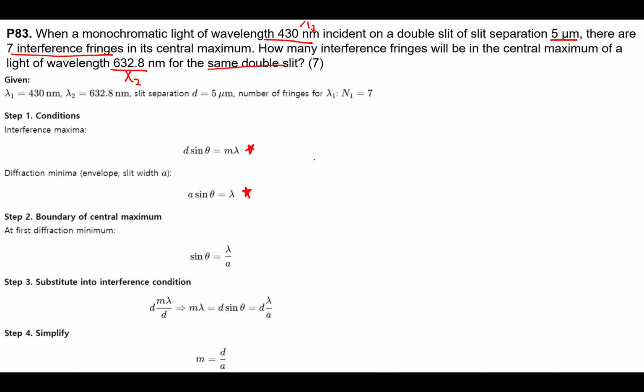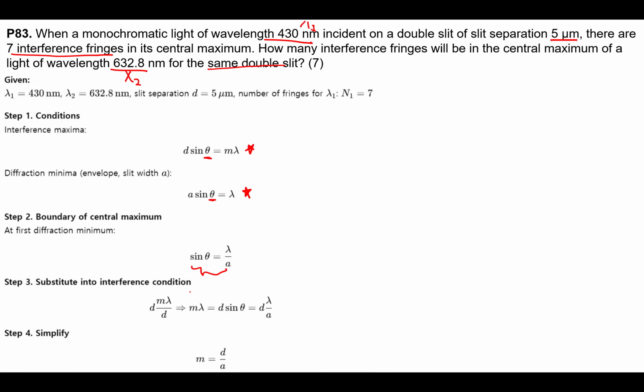So in this case, with this theta, you get the interference maximum, and with this theta, you get the minimum, okay? And the boundary of the central maximum is given by this value.